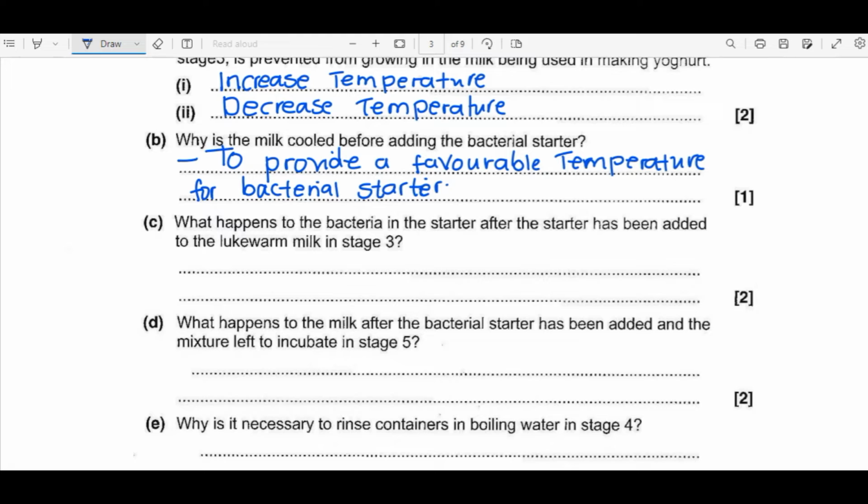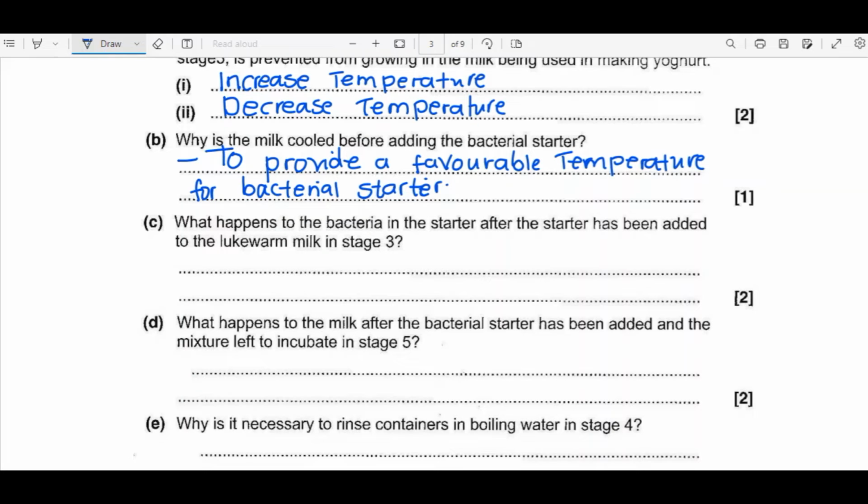If you look at the taste of yogurt, it has a sour taste, and we know that a sour taste can just be brought by the presence of an acid. So in yogurt there is lactic acid, which was brought by the process of fermentation from the sugar we call lactose. So this process of anaerobic respiration and the presence of bacteria is just to convert that into lactic acid.